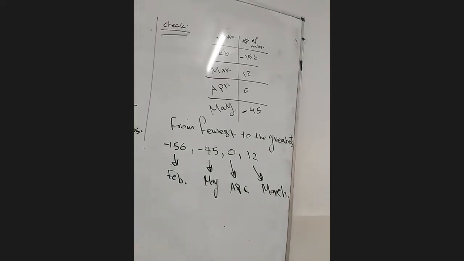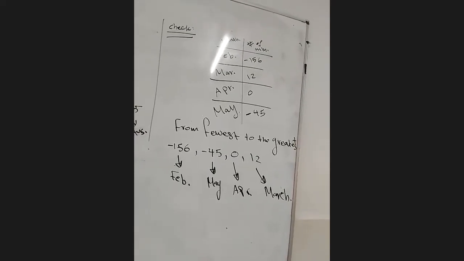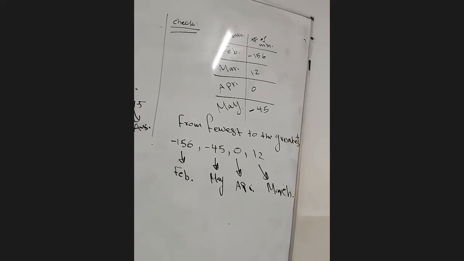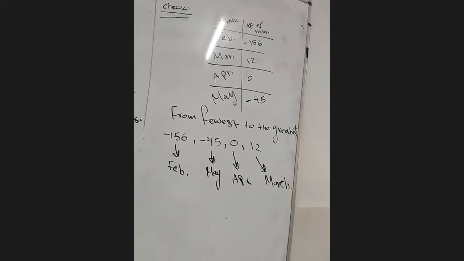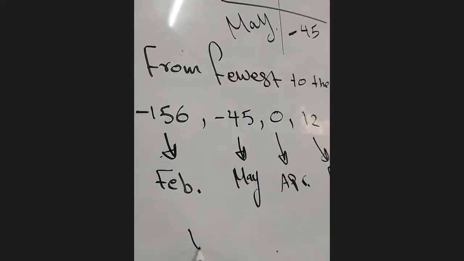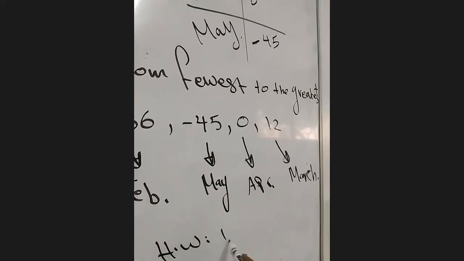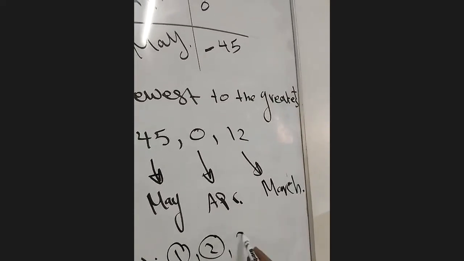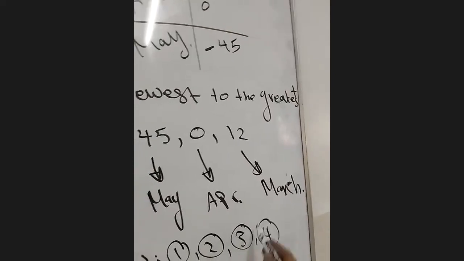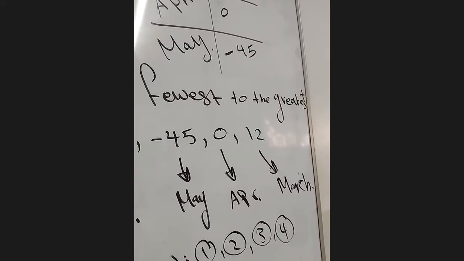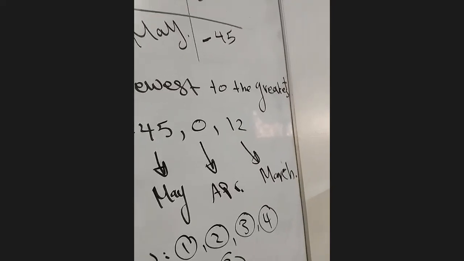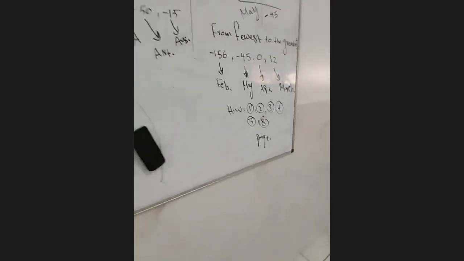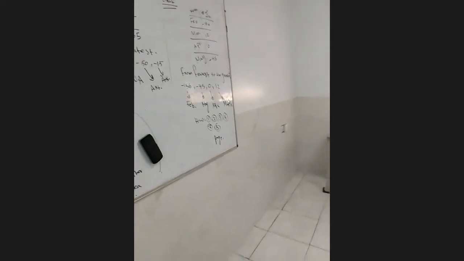Now, if you don't have any questions, guys, remove your hands, please. Your homework for today is questions 1, 2, 3, 4, 7, and 8, page 213. Let me check. 213, yeah.